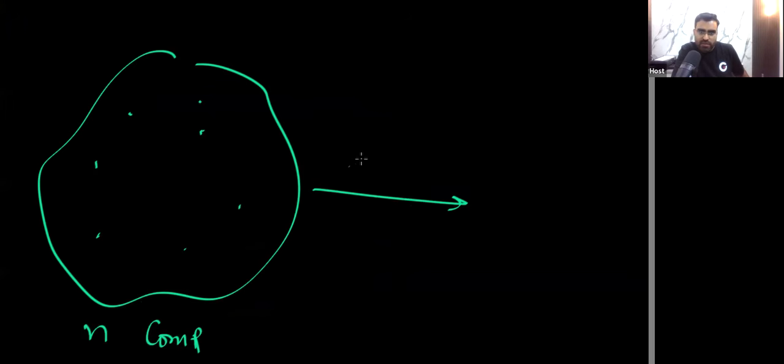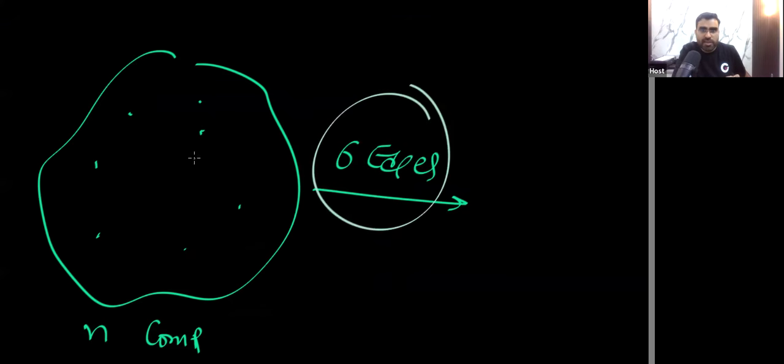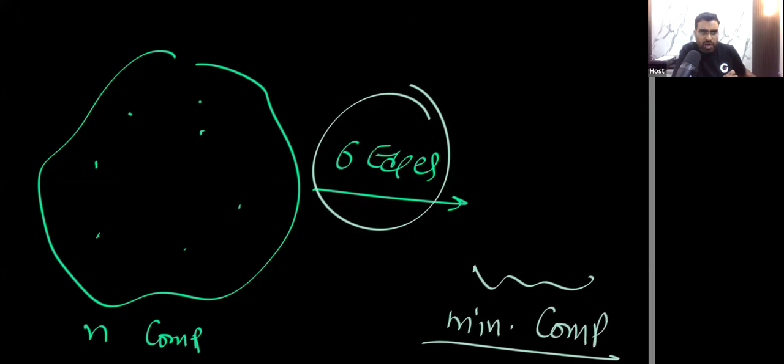Now, let's assume I add six edges. What can these six edges do? They can reduce the number of components by at most six, one per edge. But I want the minimum number of components, so every edge should reduce the number of components by one.